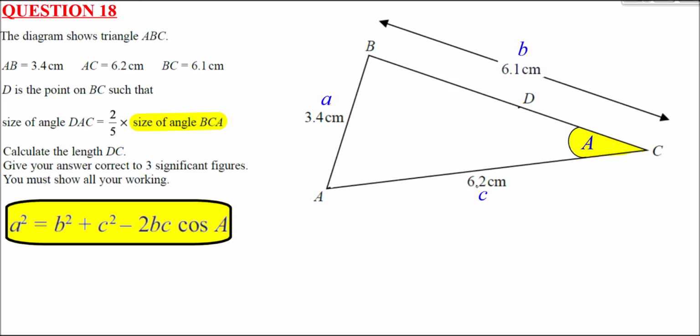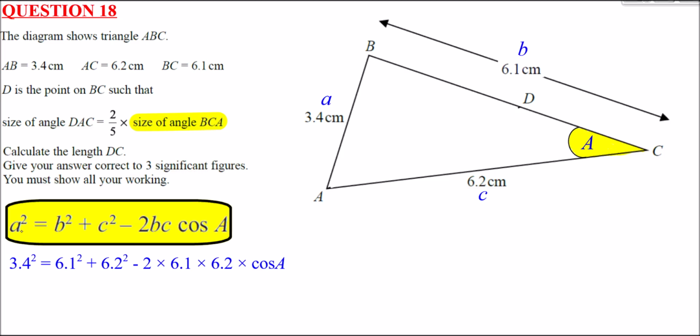Now what we need to do is substitute in a squared as being 3.4 squared, b squared being 6.1 squared, and so on. So substituting in a, b, and c, this formula becomes: 3.4 squared equals 6.1 squared plus 6.2 squared minus 2 multiply 6.1 multiply 6.2 multiply cosine of A. We can now neaten this up.